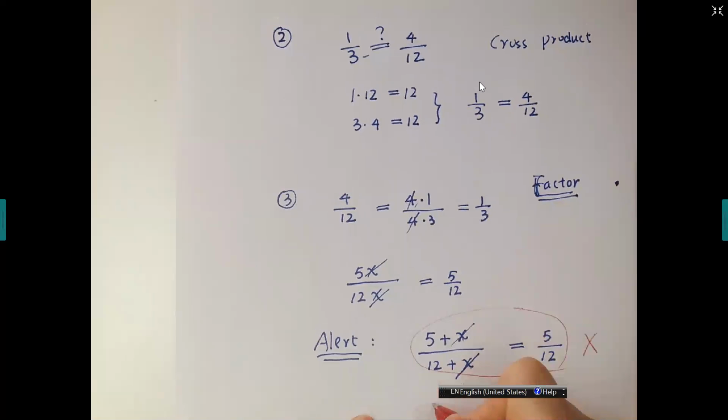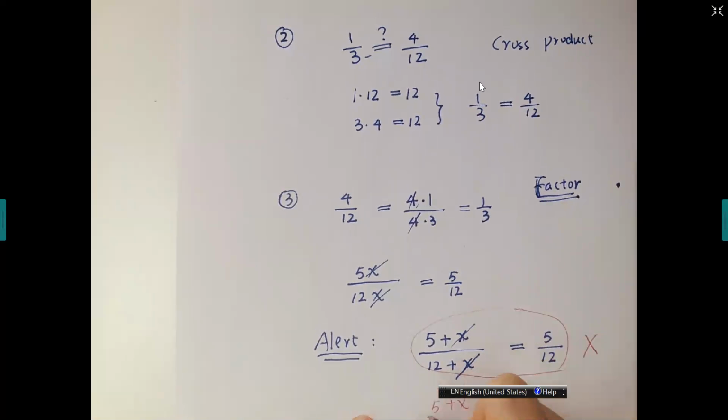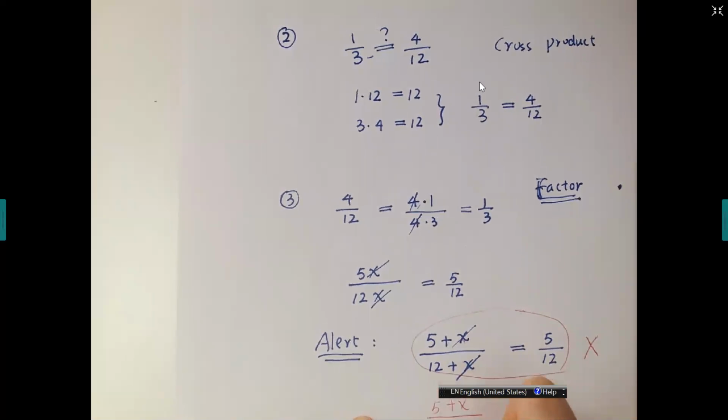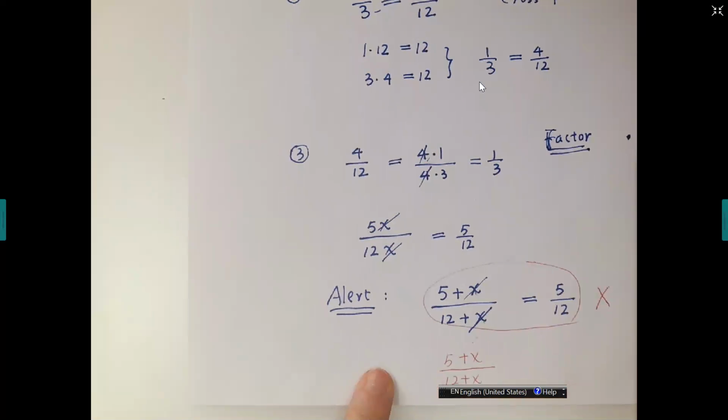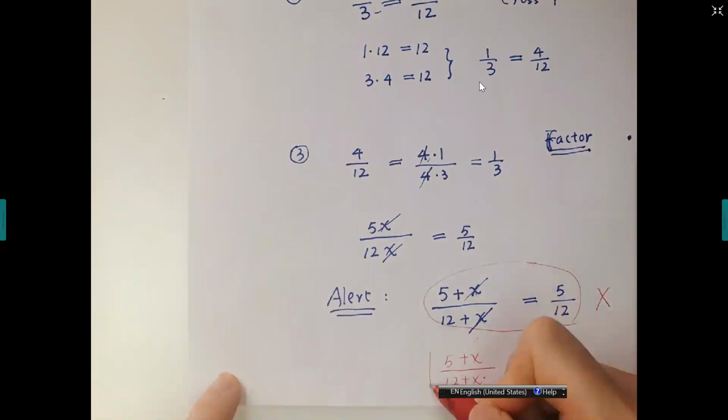So can we, the problem, 5 plus x over 12 plus x, can we simplify this one? The answer is no. This rational expression is in a simplified form already. We cannot continue to simplify it. Final answer. It just stays like that.